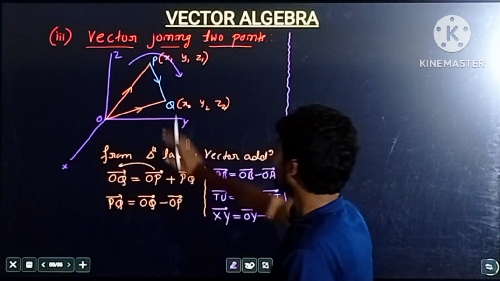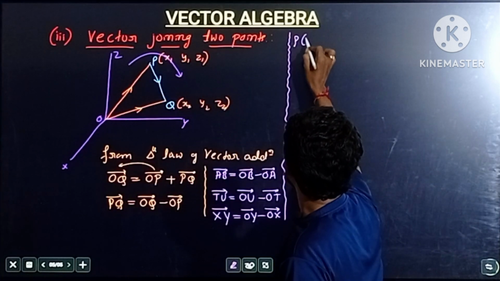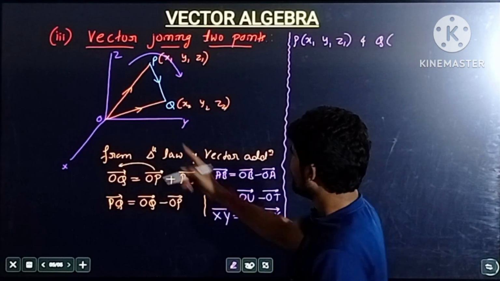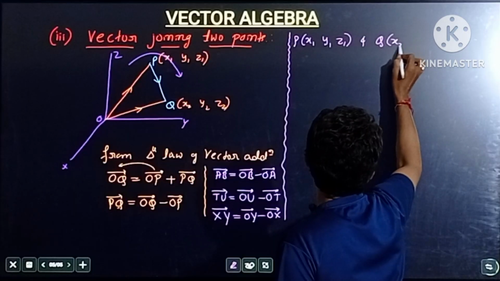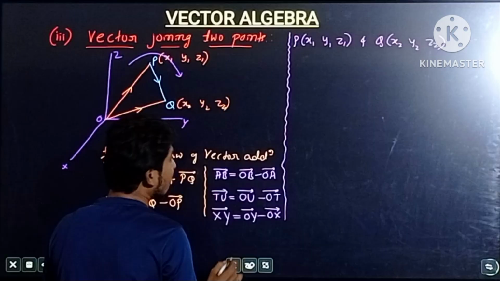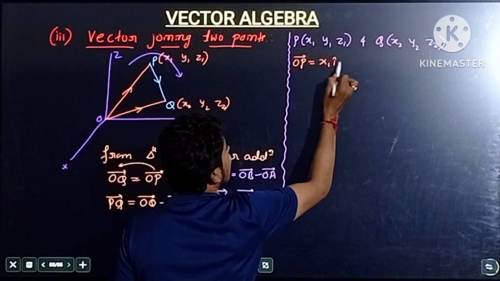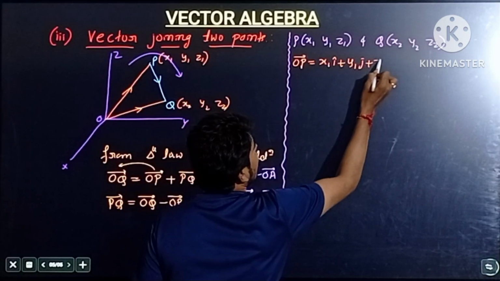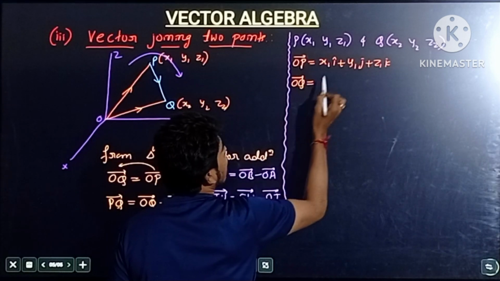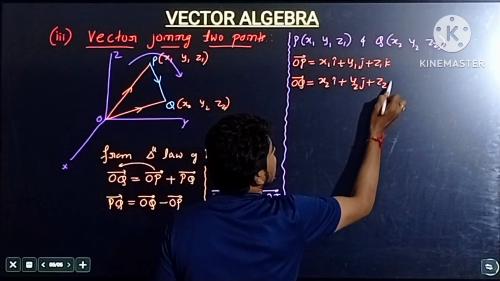One more thing you need to observe here: coordinates of the point P are x1, y1, z1, and coordinates of the point Q are x2, y2, z2. And as you know, the position vector of the point P is OP vector, and its component form is x1i plus y1j plus z1k, and the position vector of the point Q is OQ vector, and its component form is x2i plus y2j plus z2k.